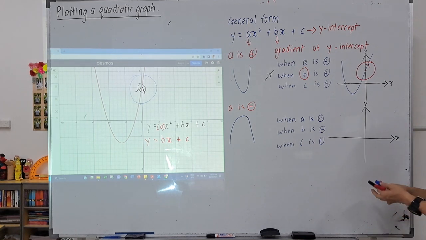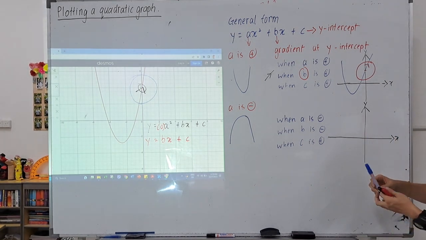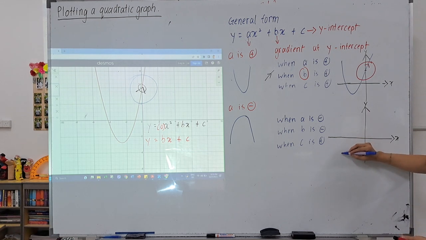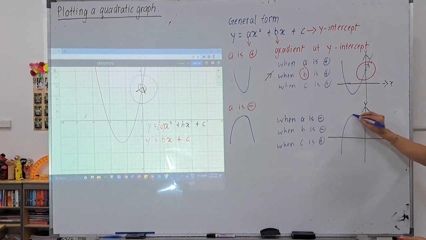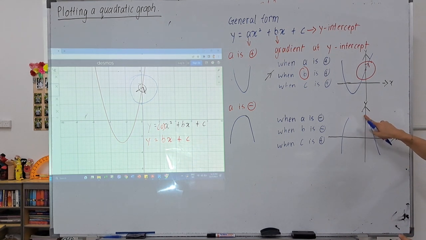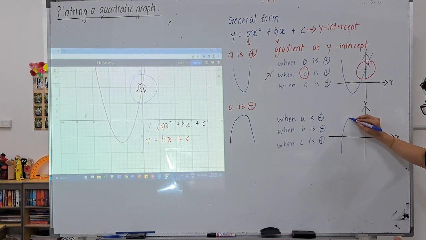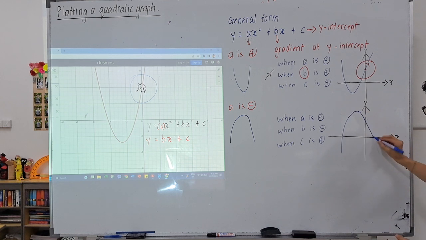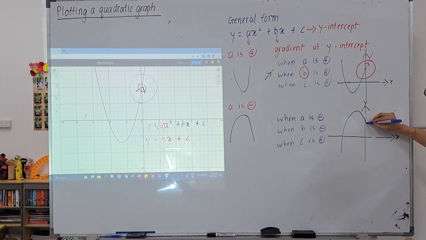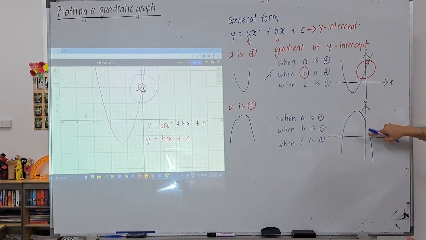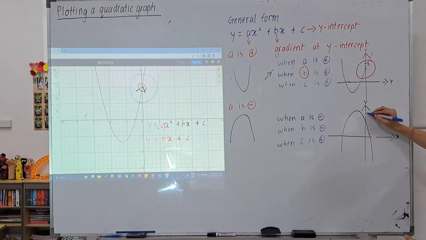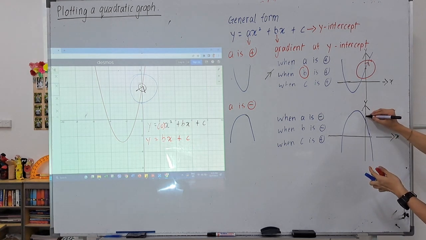So if I were to sketch a graph, it will look something like this. It's a sad face, and it will cut through the y-axis at a negative gradient. Let me sketch this properly.